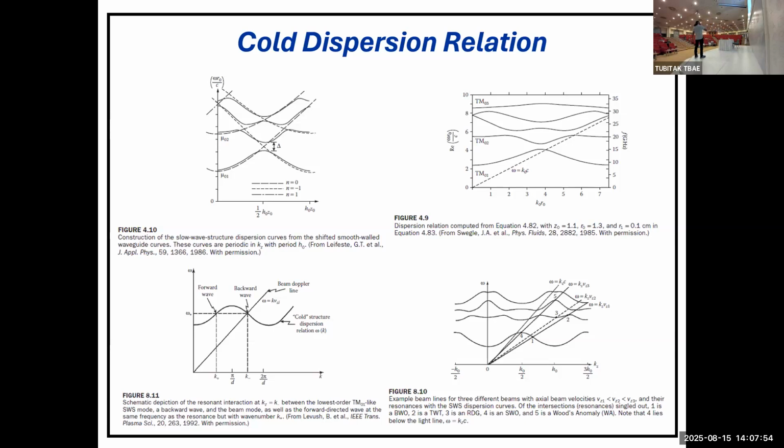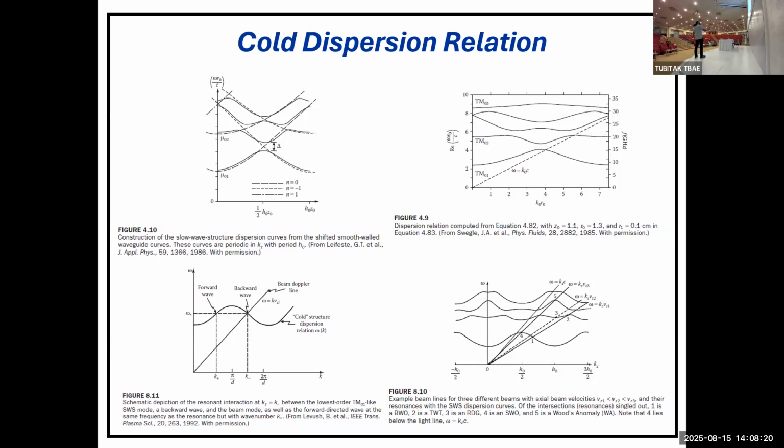So just to refresh your memory, we usually plot on the y-axis the real part of the frequency, and on the x-axis the phase shift, or the wave number multiplied by the period of this periodic structure.